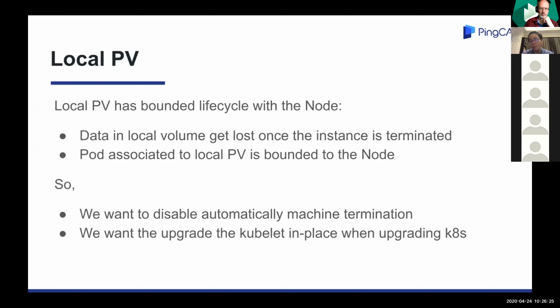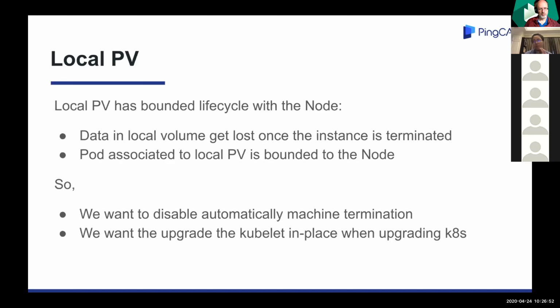It can only be recreated on the same node because it is attached to a local PV. So we want to disable automatic machine termination because machine termination will cause data loss of local volume. Also, we want to upgrade the kubelet in place when upgrading Kubernetes.